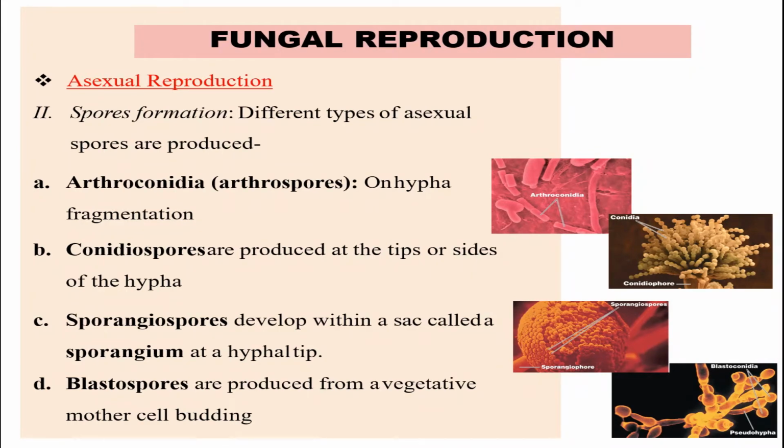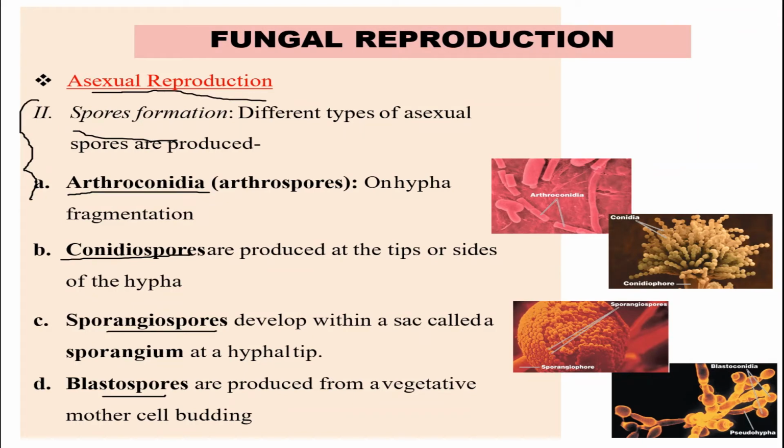The difference in this type is that reproduction occurs through spore formation, and there are different types of spores as you can see on the screen. Some of the spores are arthroconidia or arthrospores, conidiospores, sporangiospores and blastospores. These are some of the spores that come under asexual reproduction.